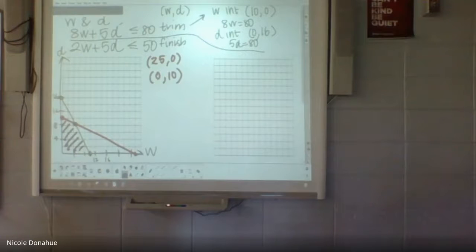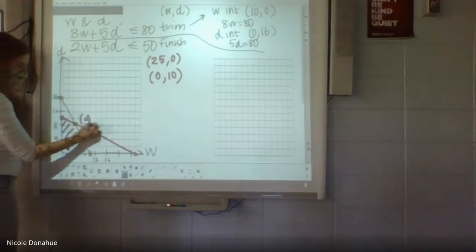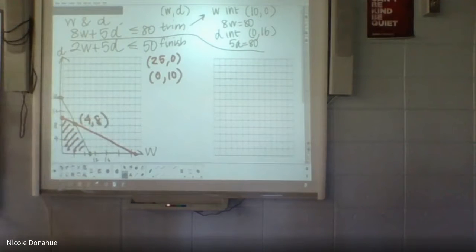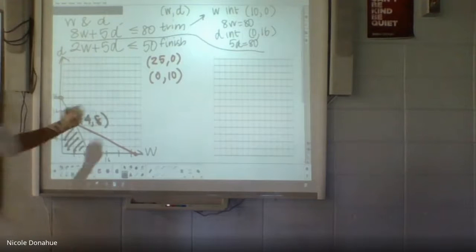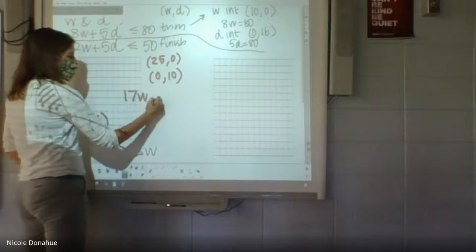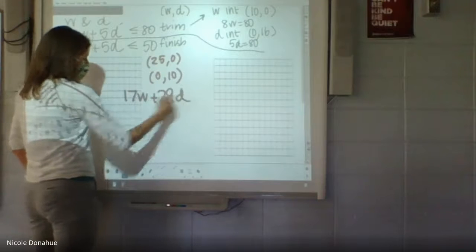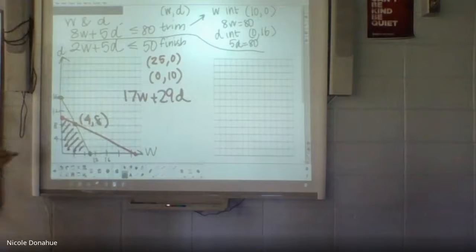They say 5 and 8 when I look at the answer key, so 4 and 8 is pretty close. Then we put that into our equation for our profit. It tells us we make $17 on the wallbangers and $29 on the dingbats, so I'm going to put those values in.